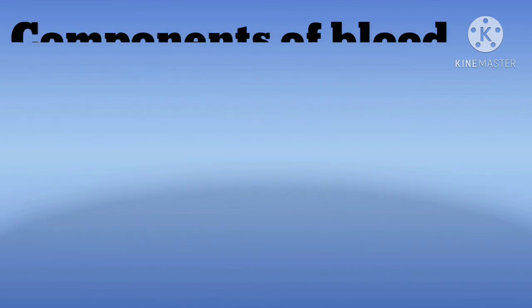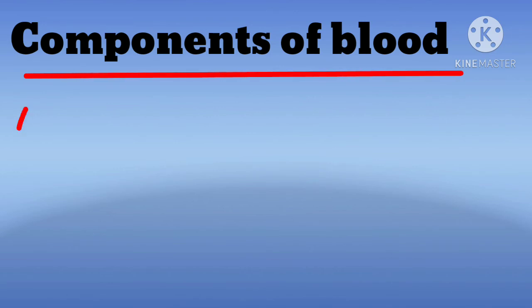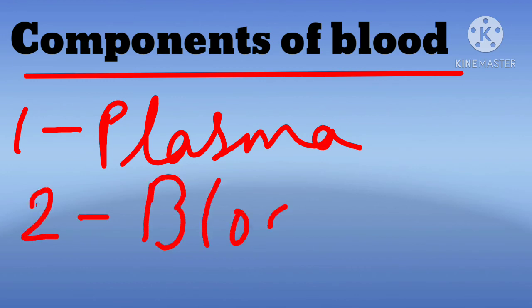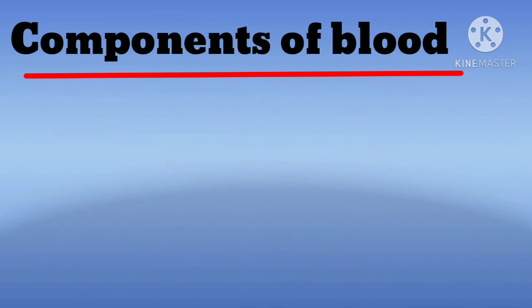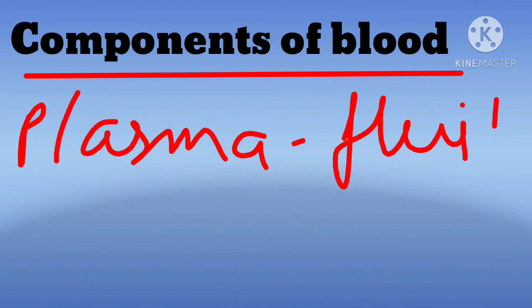Now let us see what blood is composed of, right? What are the components of blood? There are two components of blood. One is plasma and the other is blood cells. So what is plasma? Plasma is the fluid part of the blood. It means it is the liquid part of the blood.